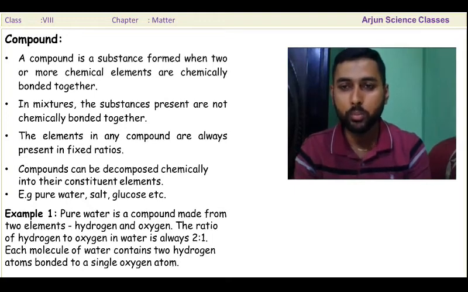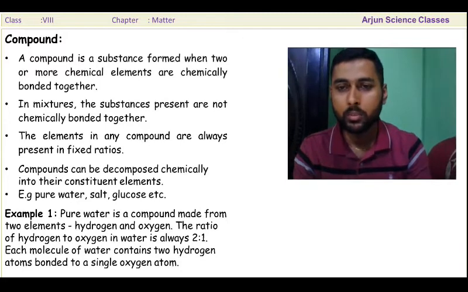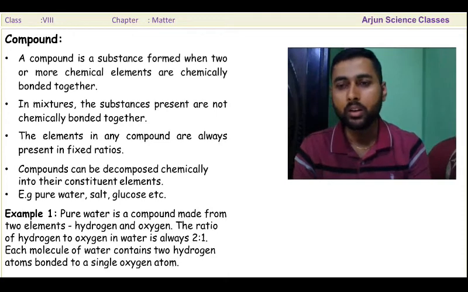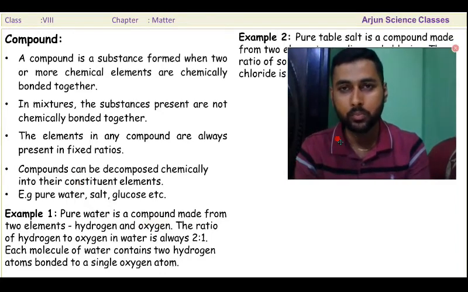There should be a bond between the elements, either a covalent bond or an electrovalent bond. And compounds are formed by two or more than two elements.